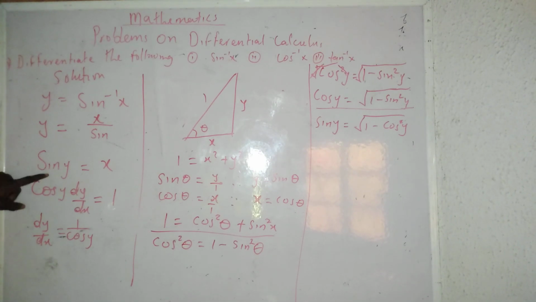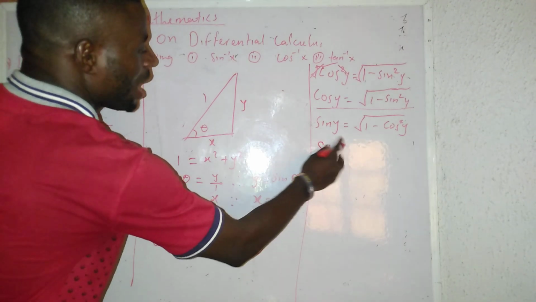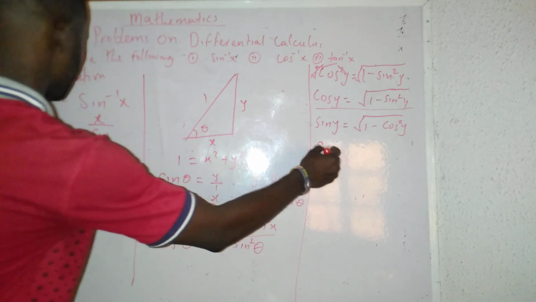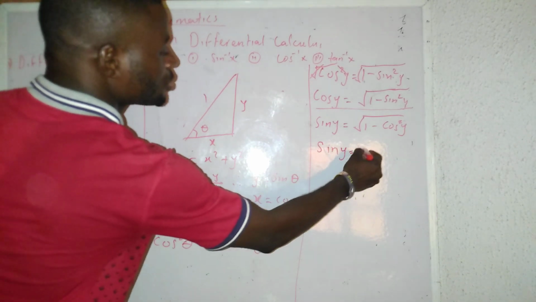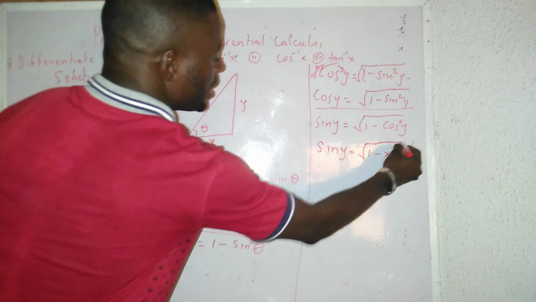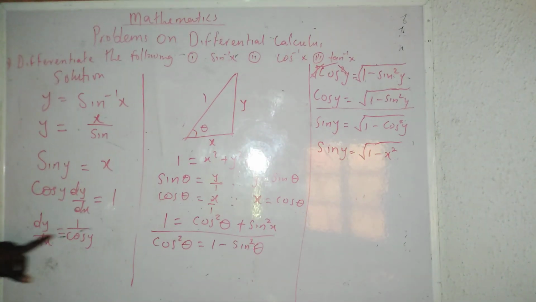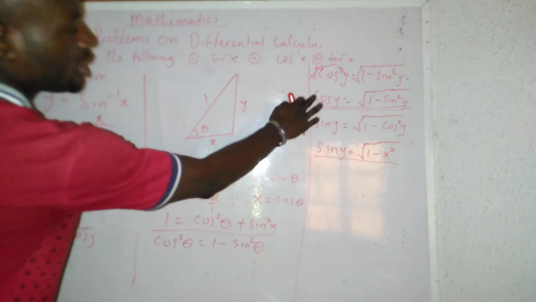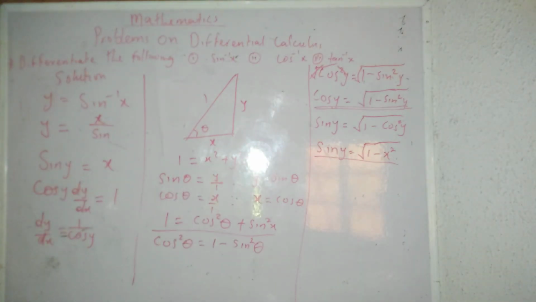Now, back here, I have my sine y here equals x, which I have my sine y equals root of 1 minus x square. With the help of these two now, I can do anything I want to do.